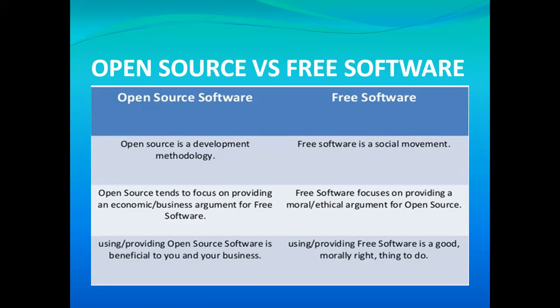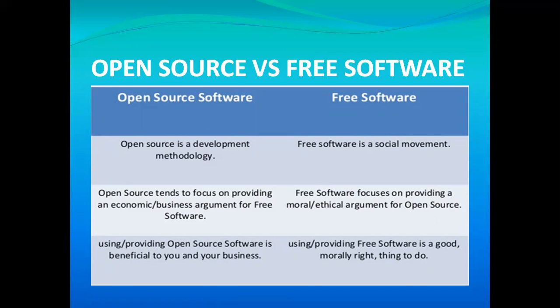They are trying to modify each source code to provide a better code or better program for the people. So open source tends to focus on providing an economic or business argument for free software, and using open source software is beneficial to you and your business.